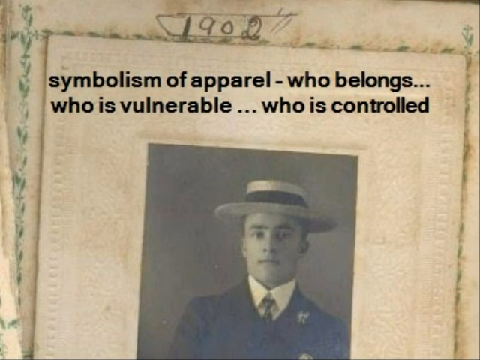So we've got the symbolism of apparel. We've got who belongs, the splendid looking black tracker in the masher uniform. Who's vulnerable, the young man with a stand-up collar who's quite confined. And interestingly, you can also read that the masher uniform is a form of social control.